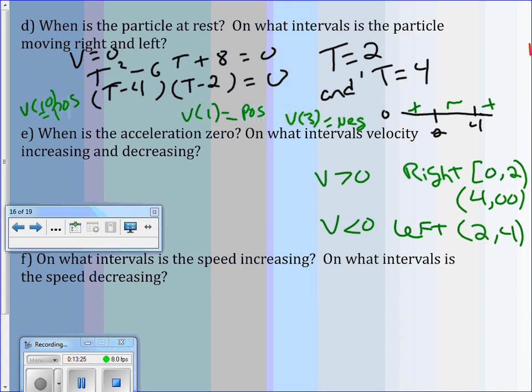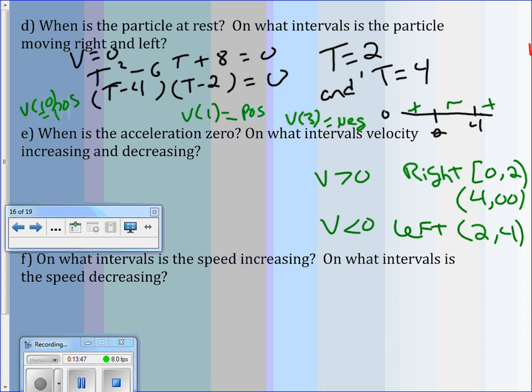I would say that in words if it asks you to explain or justify. Those are the two intervals where the velocity is greater than 0. When is it moving to the left? When the velocity is less than 0. That's my interval where the velocity is less than 0.